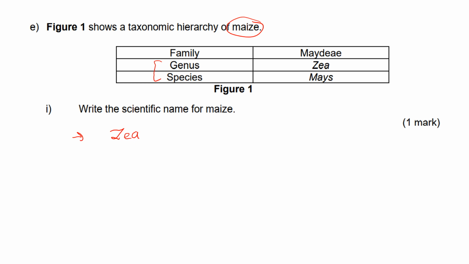Then you write the second name, the species name or specific epithet, in small letters. Since this is handwritten, you should underline both names separately. That is for the 1 mark. And if you were to type, it must be in italic.